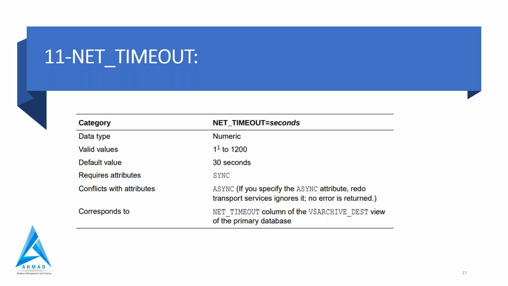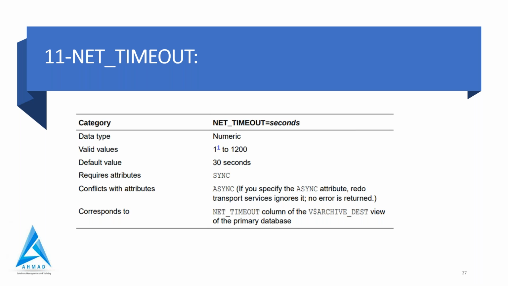Okay, and in V$ARCHIVE_DEST there is a column NET_TIMEOUT, so you can check the attribute value there. Almost all attributes come in V$ARCHIVE_DEST. And from 12c Release 2, meaning 12.2.0.1, there is a new database initialization parameter, DATA_GUARD_SYNC_LATENCY, which is global for all synchronous standby destinations.